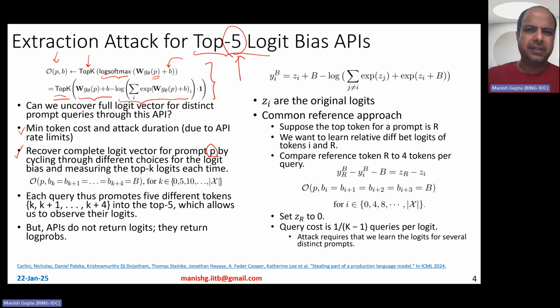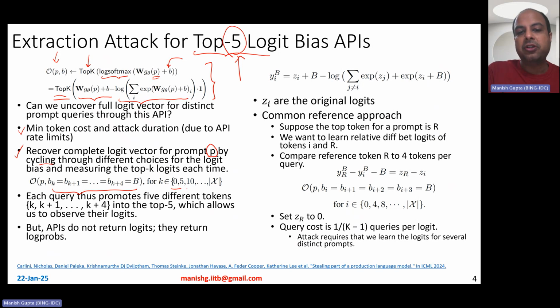Now, of course, the vocabulary is typically known to people. So when you want to get all the other tokens as well, you have to ensure that they become top 5, because that is how you will get the logit values. To ensure that, you cycle through the entire vocabulary, choose which 5 you want the logits for, and set the bias value for them to a very high value B, like 100 or 200, so that those are the 5 tokens the LLM will select to output, along with their values.